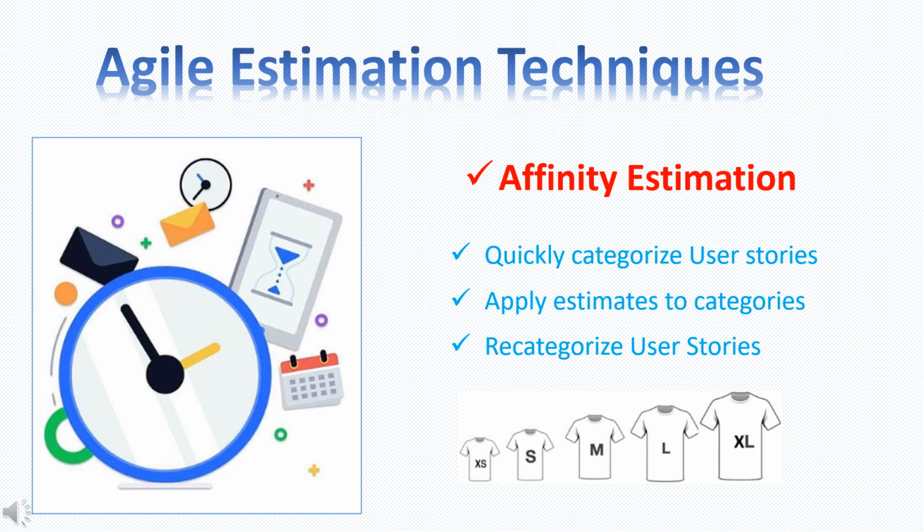Like the product owner might say, I think this one is too small, or I think this one is extra large. And then the team, based on the input from the product owner, might actually recategorize the user stories once they understand it better.